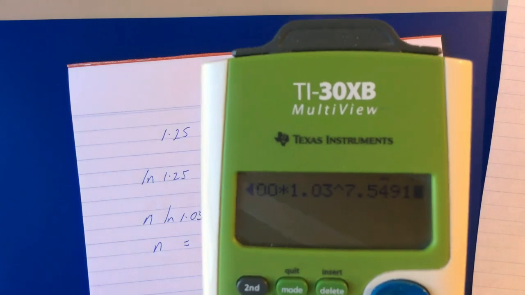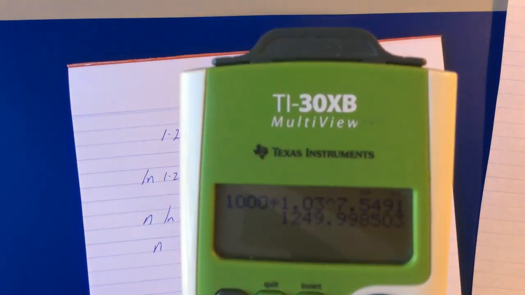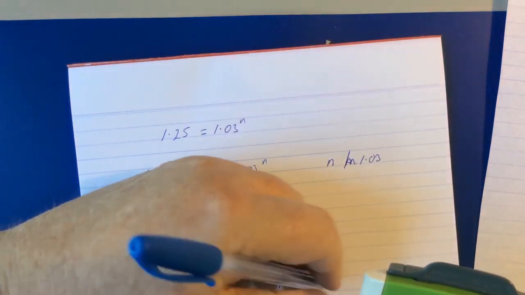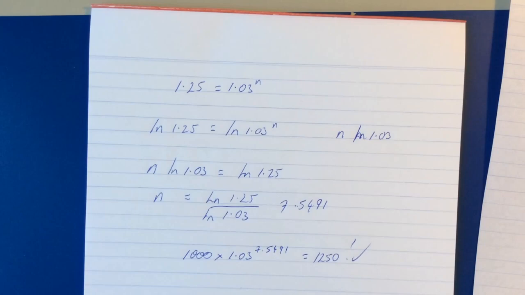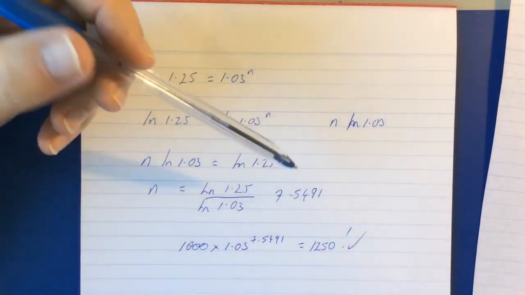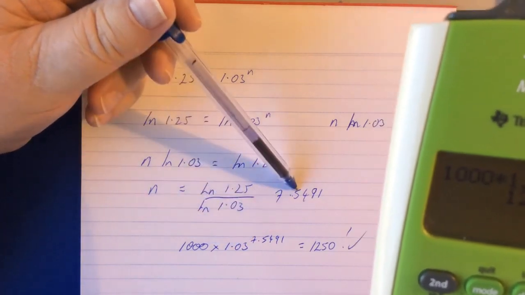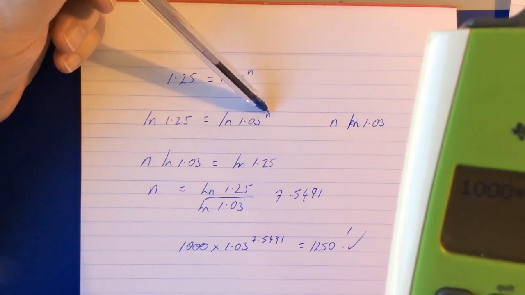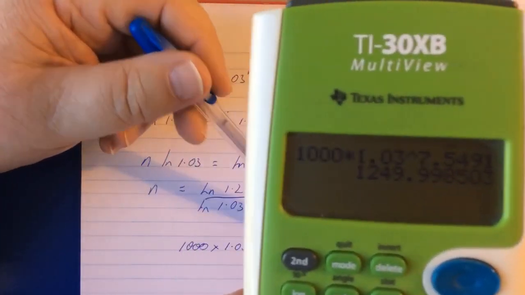So there's all my working set up. This is a leap of faith. I'm going to push go. What do we get? 1249.998. I will take that as 1,250. Just let me get that into frame. I'm sorry. So what I did was 1,000 times 1.03 raised to this power, which is the n that we were looking for, and that gave me very, very close to 1,250.